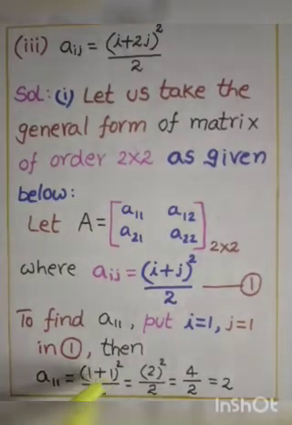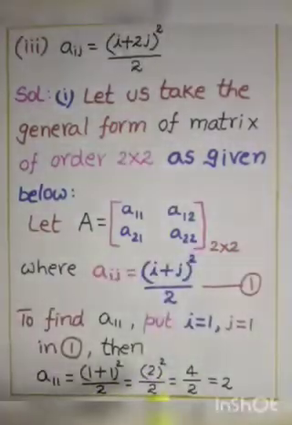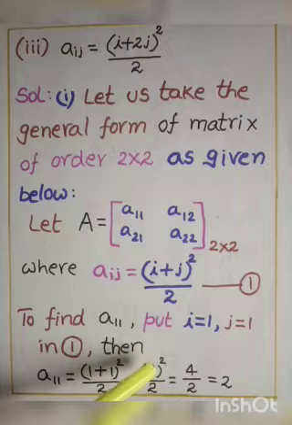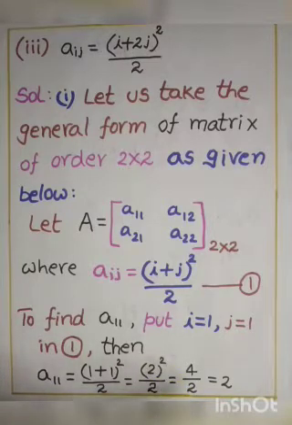What do you get in the numerator? 1 + 1 = 2, so 2² / 2. What is the value of 2²? 4. So I wrote 4 in the numerator by 2. By simplifying this, what do you get? 2. So the first row, first column element is 2. Understood?